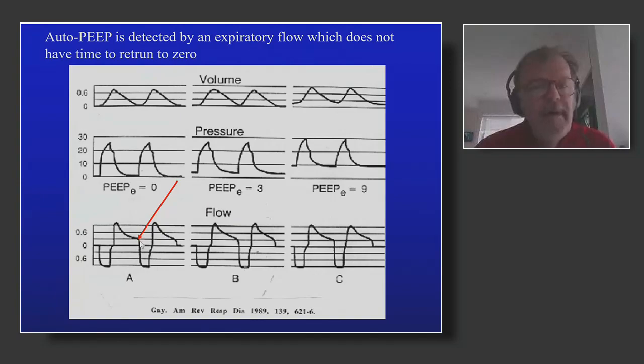Therefore, in this case, even if you see nothing on the airway pressure, there will be some residual pressure inside the lung. That's what we call auto-PEEP or intrinsic PEEP or hidden PEEP, if you wish. So there is positive pressure in the lung, but it is not displayed on the pressure which is measured at the Y-piece.